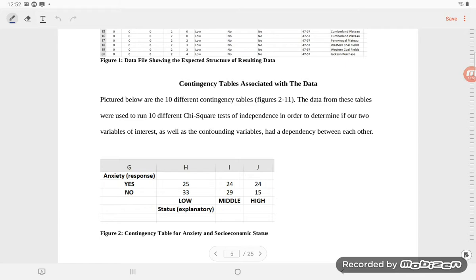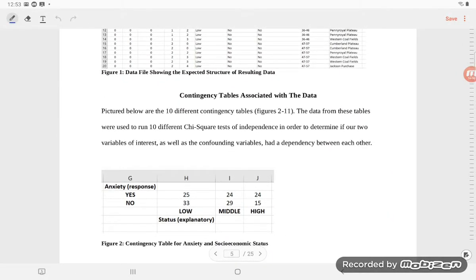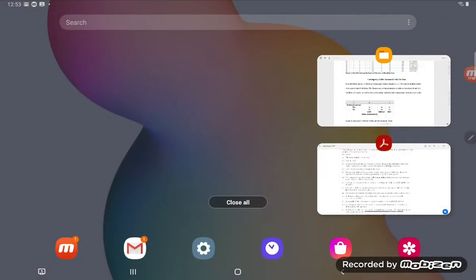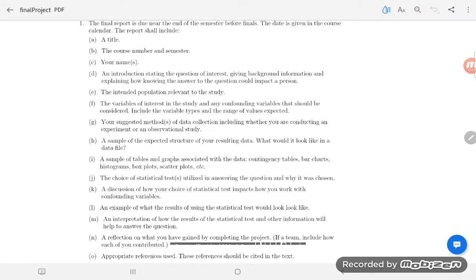And then they jump in here and let's go back and look. Okay, so this sample of instructed. Now, a sample of tables, graphs associated with the data and box plots and scatter plots and so forth.